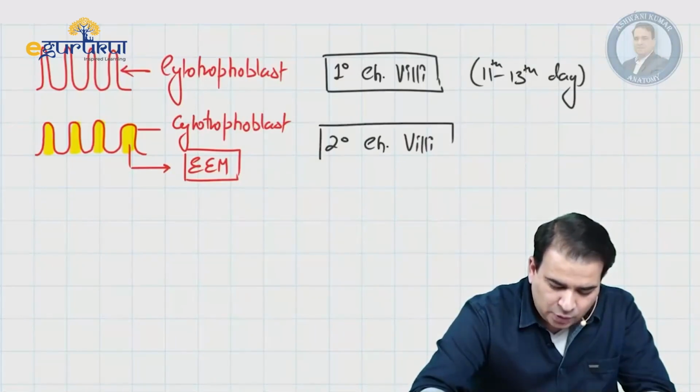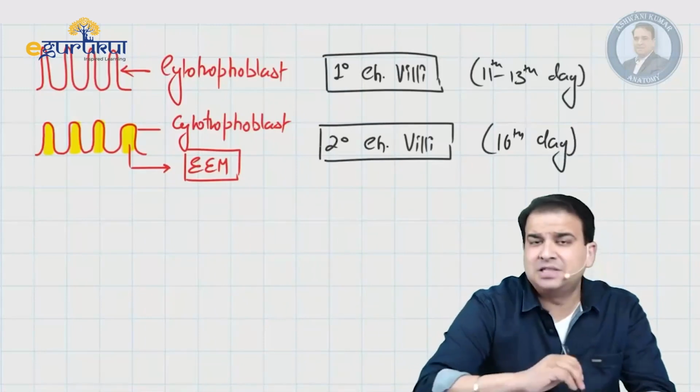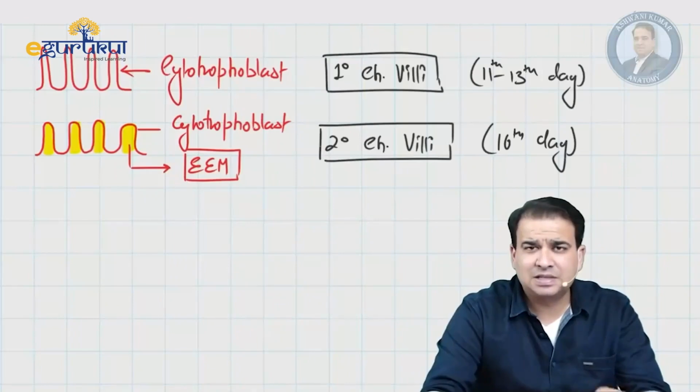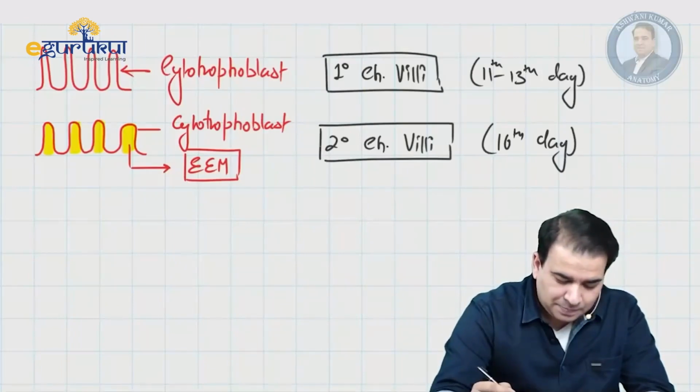These are the secondary chorionic villi, and as we already said, you can appreciate them mainly by the 15th, 16th, 17th day. That's the time for the formation of the secondary chorionic villi.